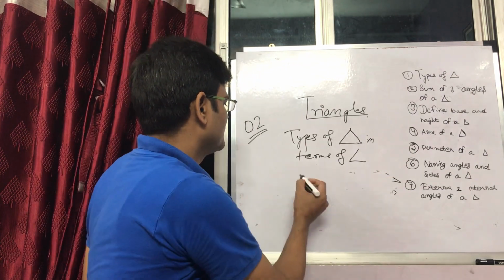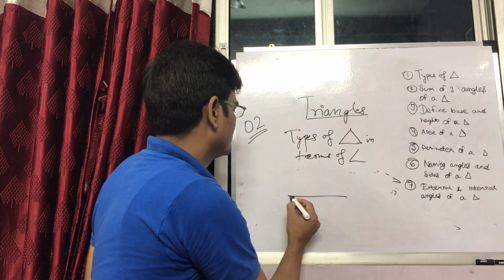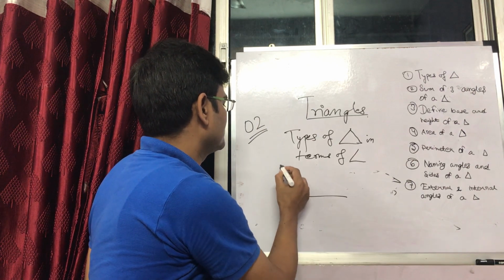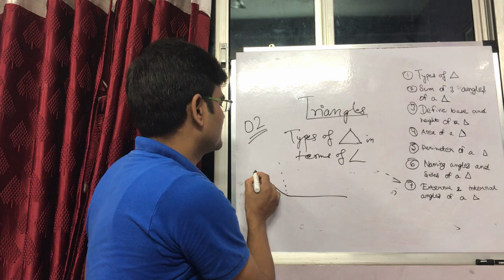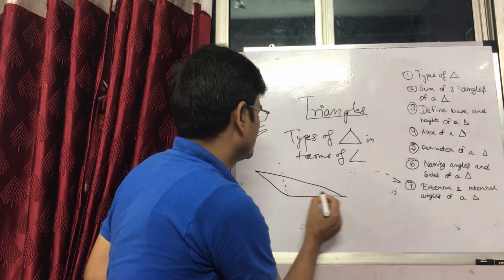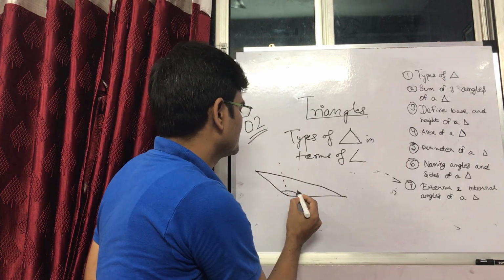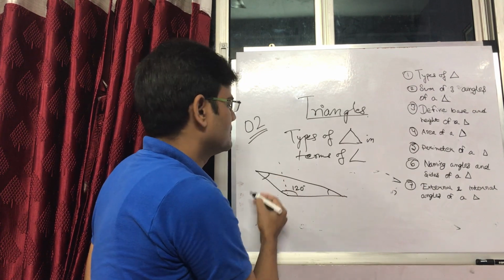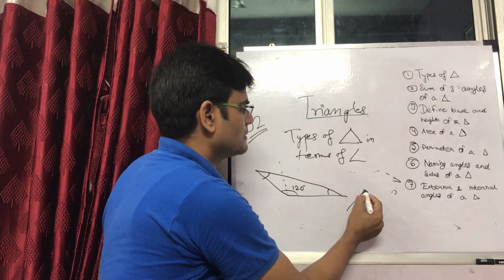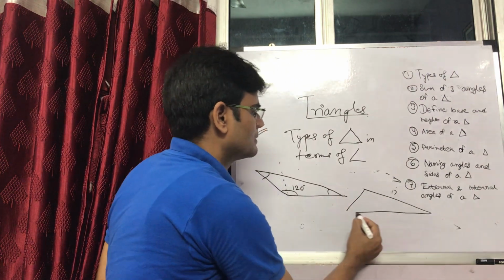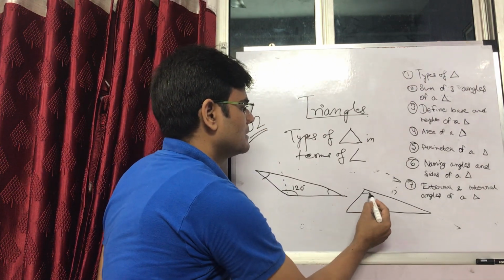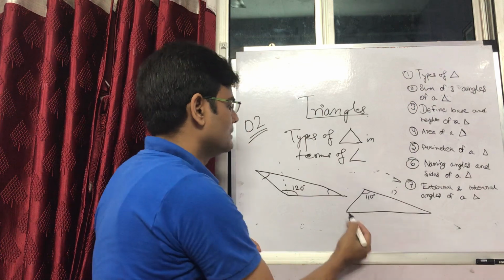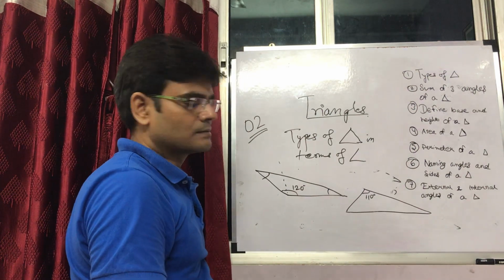Say this angle, this is 90 degrees, right? This is greater than 90. This is an obtuse angle triangle. This angle is say 120 degrees. This angle is say 110 degrees. These are obtuse angle triangles.